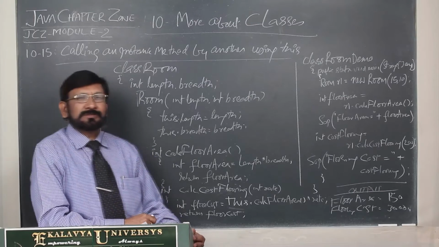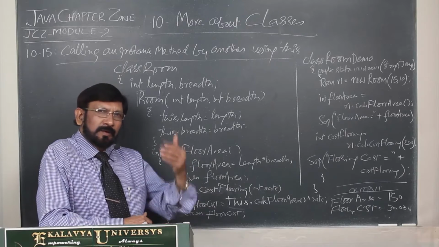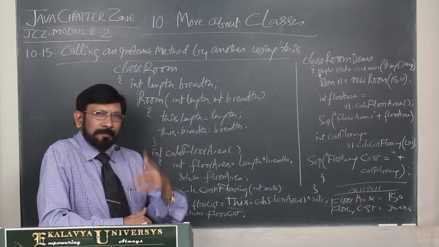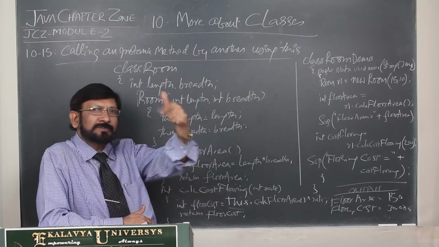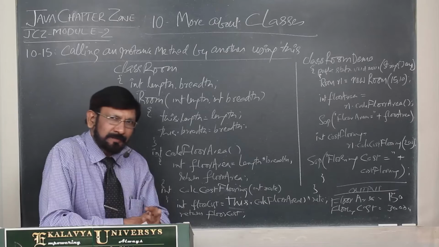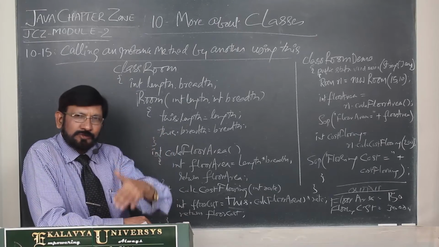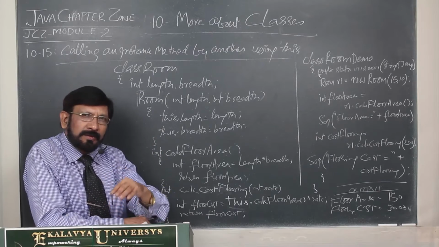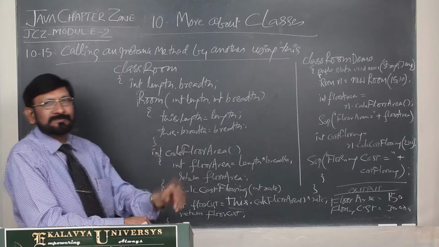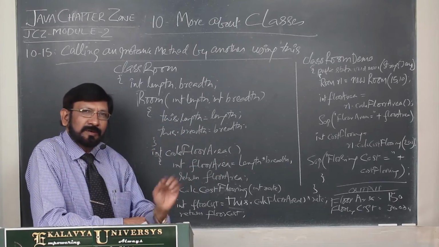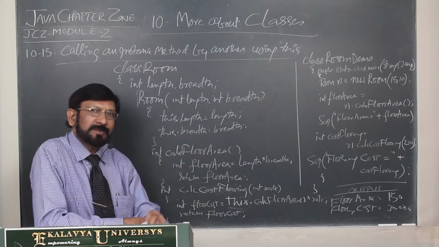In some cases, in order to perform its task, one instance method may require the services of another instance method of the same class. Once again, I repeat, one instance method, in order to complete its job, may take the services of another instance method defined in the class. In such a case, using this, you can call the other instance method of the same class.